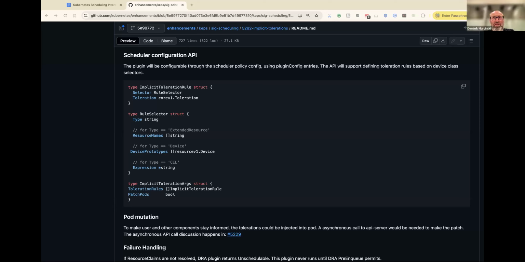Right, but if we have a taint, then this plugin will always reject all pods which don't have toleration. So we cannot add another plugin which will enable pod scheduling. We can only add plugins which can deny scheduling. Yes, that's definitely valid.